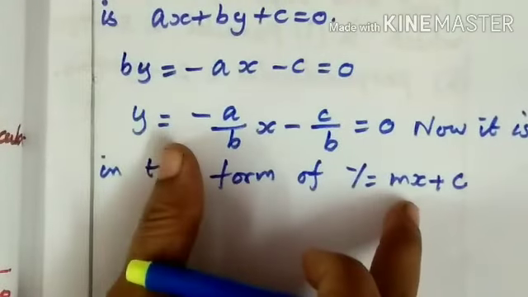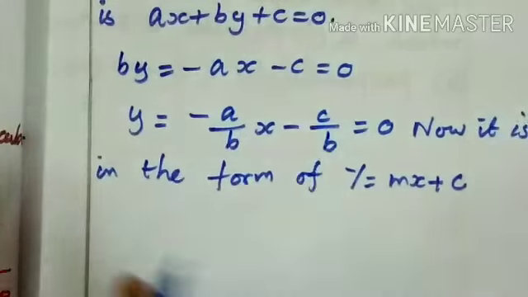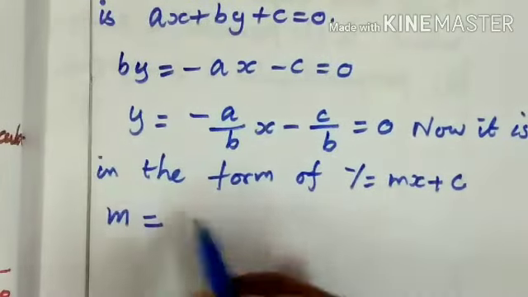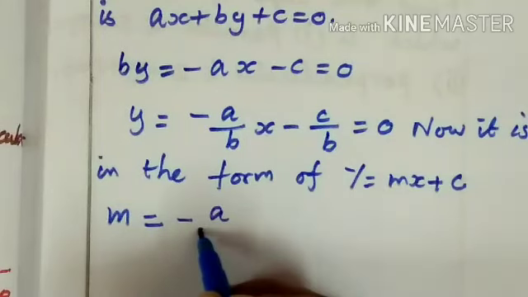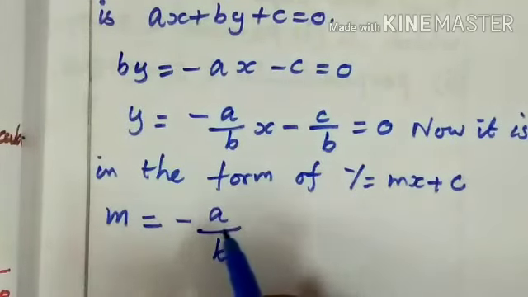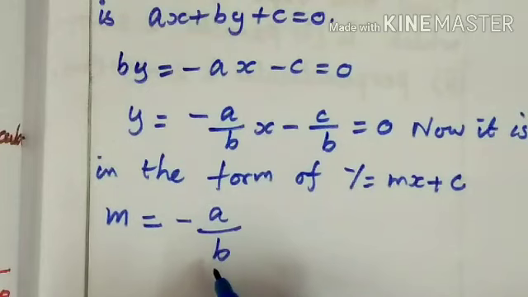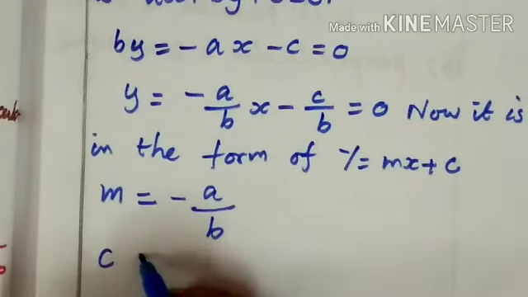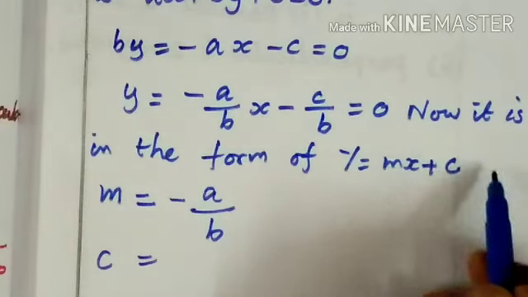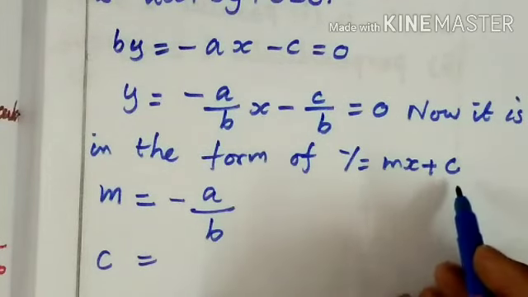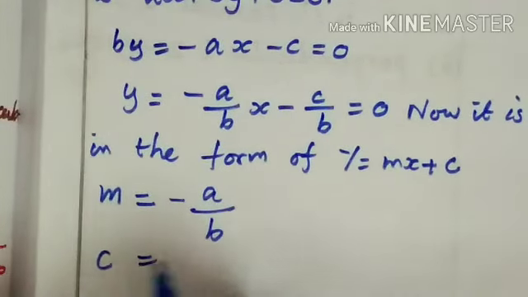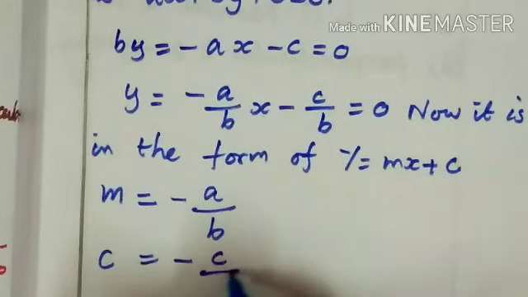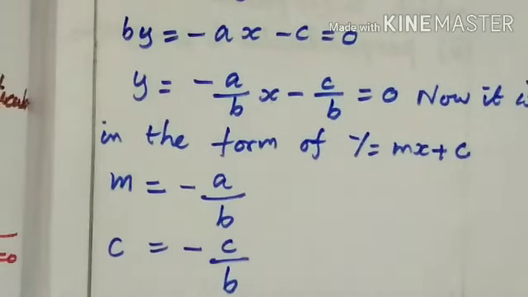Now you have to compare these two equations. We have slope m is equal to minus a by b, the coefficient of the x term, minus a by b. Then c, that is the y-intercept of this equation, c is equal to the coefficient of the constant term, minus c by b.